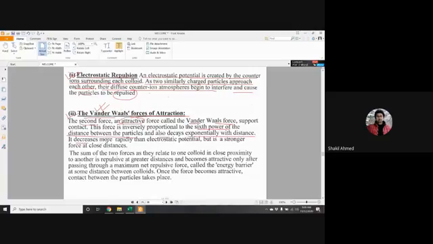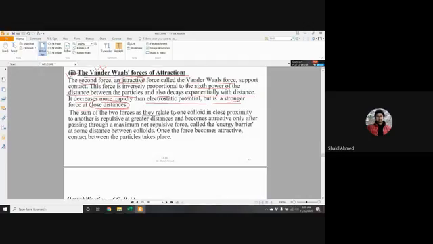It decreases more rapidly than electrostatic potential, but is a stronger force at close distance. It becomes stronger when they are closer. The sum of the two forces, as they relate to one colloid in close proximity to another, is repulsive at greater distance. So what does this mean?